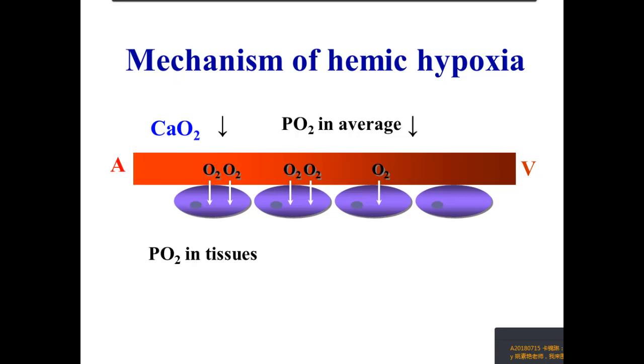It will be less, because the partial pressure in the capillary blood decreases, so the difference is less. With a smaller difference, oxygen moving into the tissue cell decreases, so the arteriovenous difference of oxygen content will decrease, maybe to less than 5.